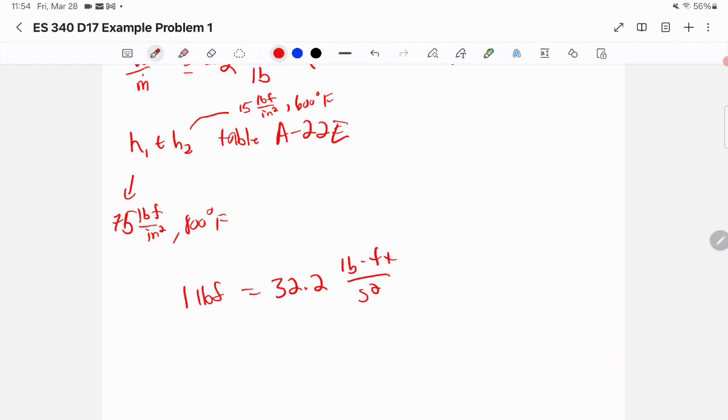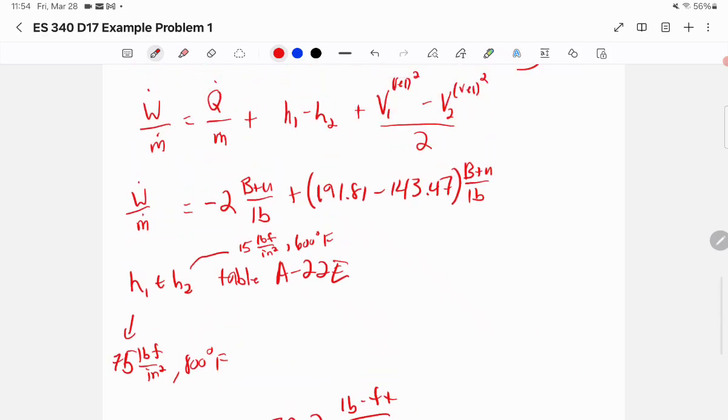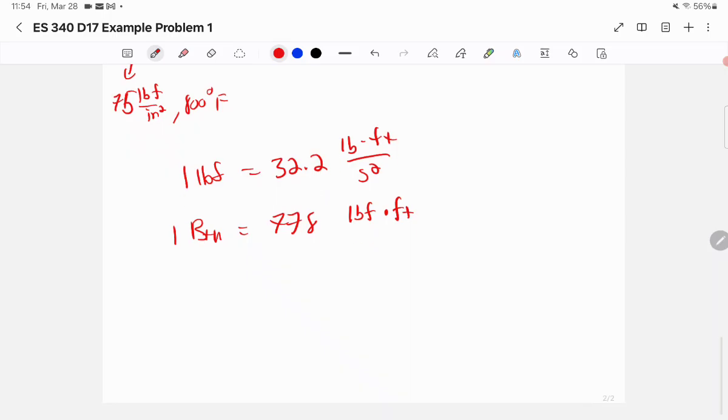And then the second one, because we obviously need to get it in terms of BTU, is that 1 BTU is equal to 778 pound force times foot.